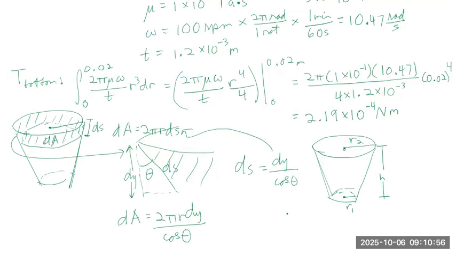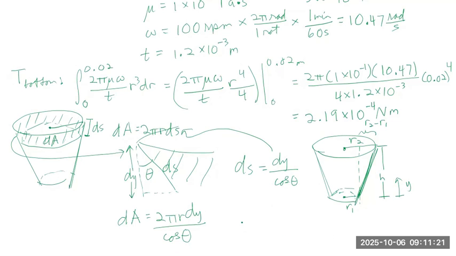Okay, and then if we draw a line over here, this is actually R2 minus R1. So we're trying to find an equation for this line over here.